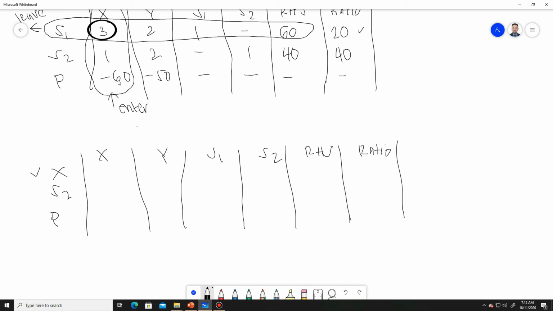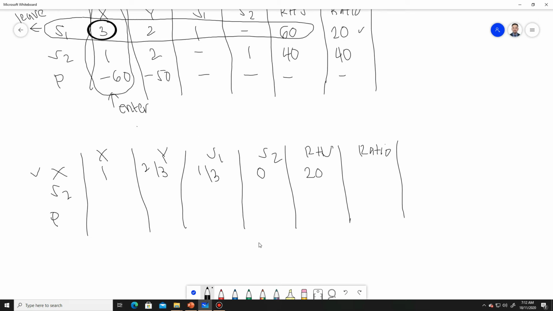The formula for the new X row is the old elements in the leaving row divided by the pivot element. So, here we have 3 divided by 3, 1, 2 divided by 3, 2/3, 1 divided by 3, 1/3, 0 divided by 3, that is 0, 60 divided by 3, we have 20.